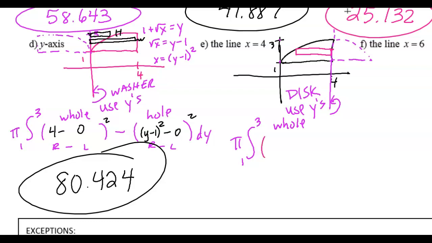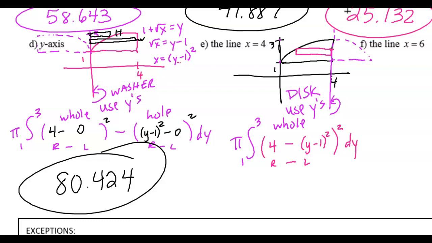So the right is touching the line, minus the left is touching the curve. So remember, that curve is y minus 1 squared. And then this is still squared. Now I'm not going to be able to simplify that, so I need to use a lot of parentheses in my calculator.